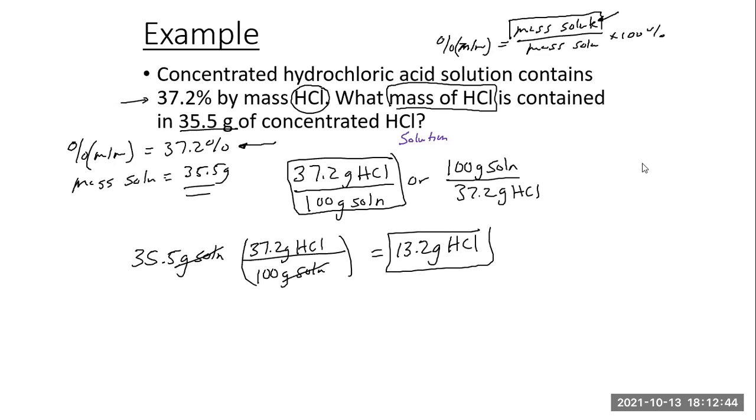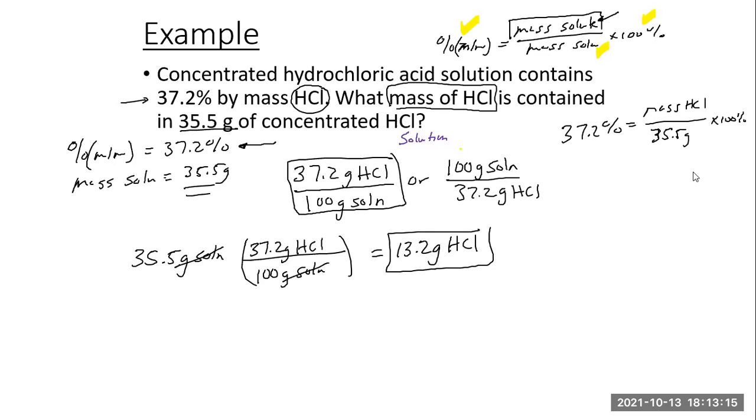Honestly, if you just plugged and chugged into the equation here, you had this number, you had this number, and you had this number. When you rearrange that, it's the same math you would be doing here, because you would be putting 37.2% equals the mass of the HCl divided by 35.5 grams times 100%.